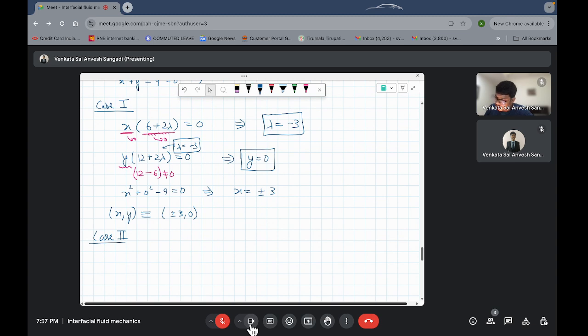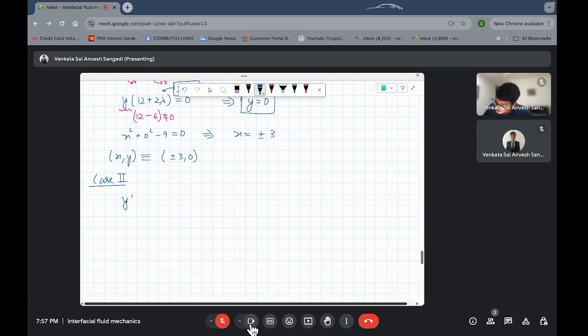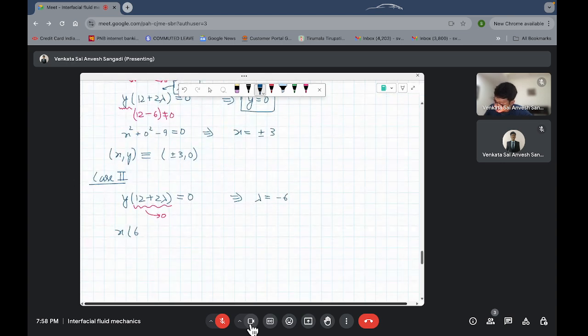In case 2, we'll assume y into (12 plus 2 lambda) is equal to 0. Make this term go to 0, which will give us lambda is equal to minus 6, and then we'll have x into (6 plus 2 lambda), which is equal to 0.